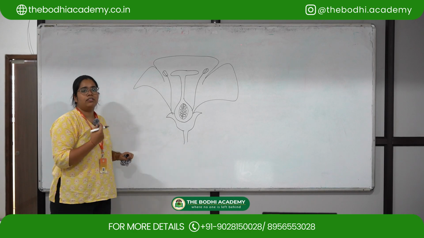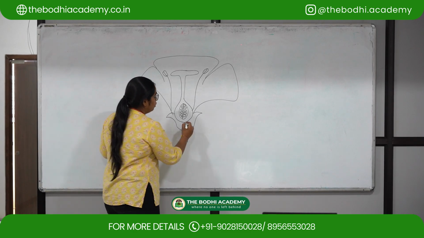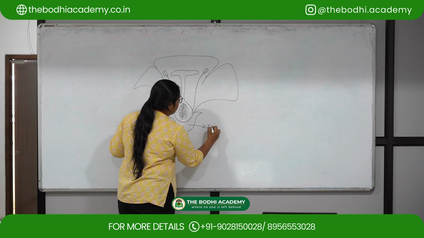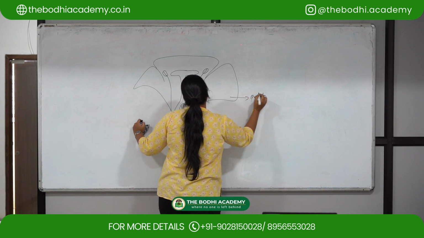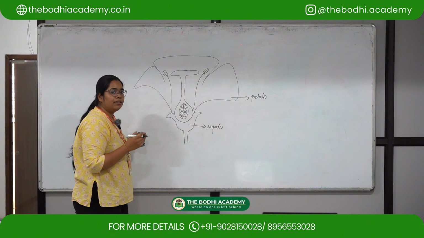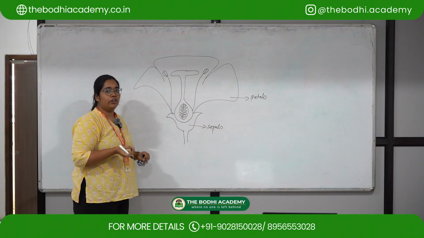Okay, now let us discuss the different parts of the flower. So the flower consists of sepals and these are the petals. Then this part makes up the female reproductive part of the flower.